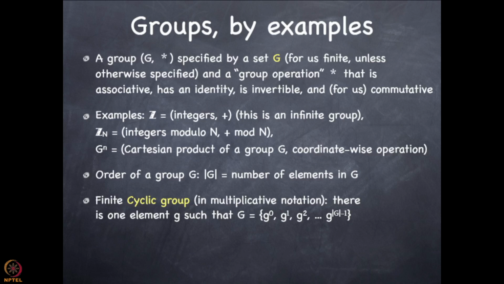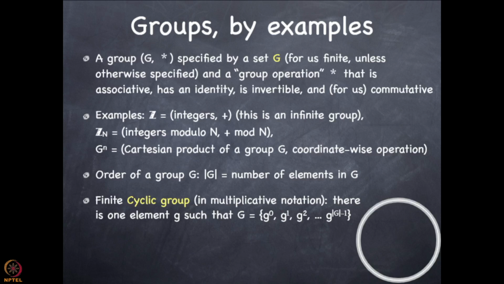So we want all the elements to be generated by this g, by powers of g. This capital G should be equal to this set, and all of these should be distinct. If there is a little g of that kind, then we call it a cyclic group.